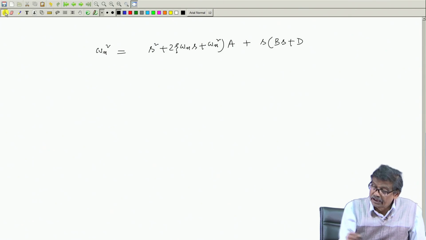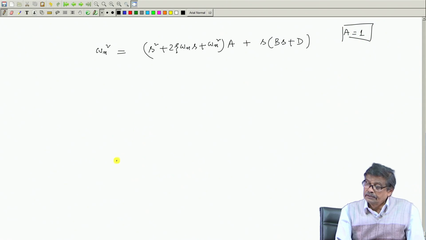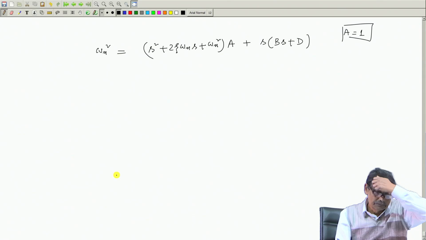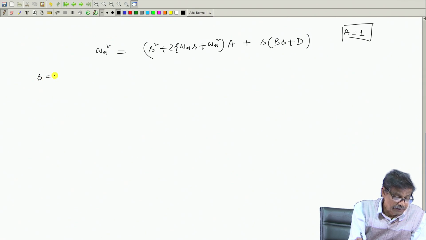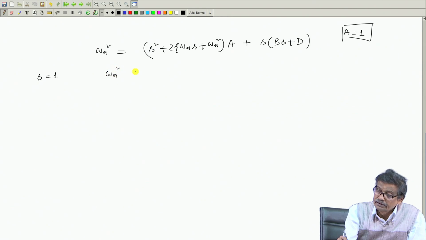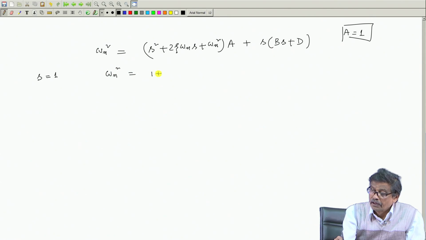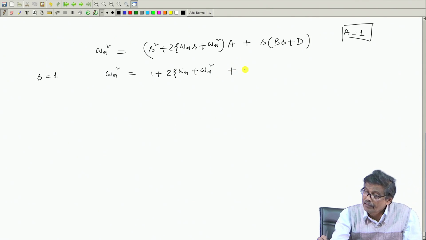We have already got A equal to 1. Therefore, I will now put s equal to plus 1. Then omega_n square is equal to (1 plus 2 zeta omega_n into 1 plus omega_n square) into 1, plus (B plus D).